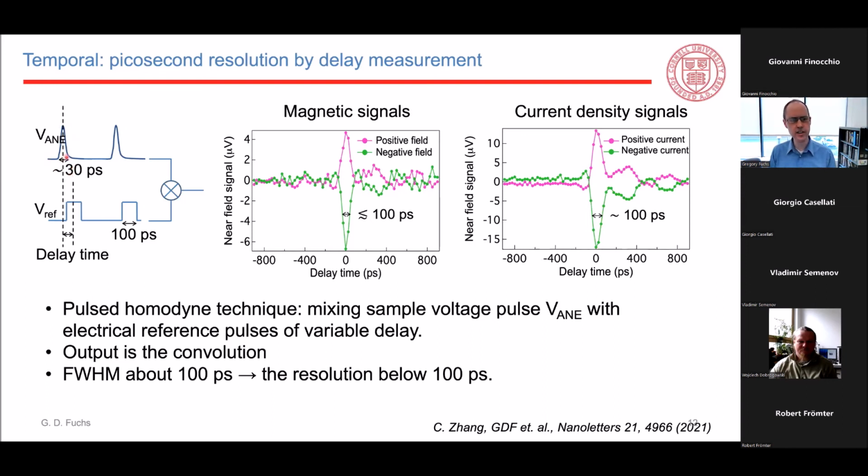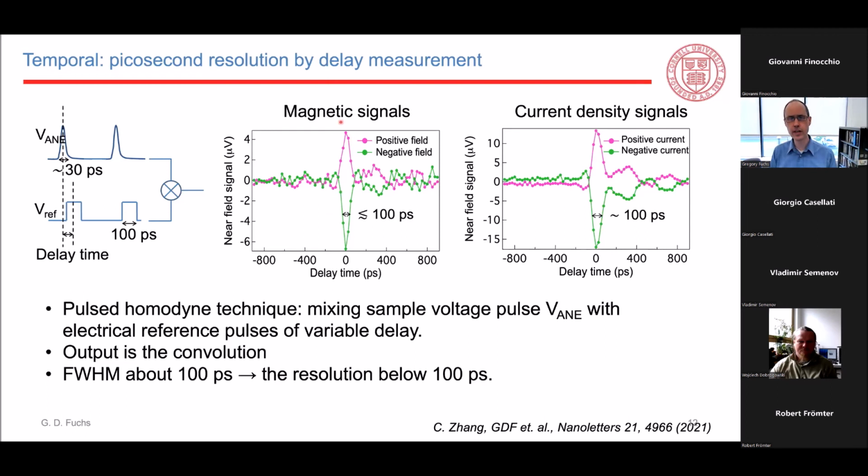And then we can try to measure that by electrically mixing the signal that is coming from the sample with a reference voltage that we have in a signal generator. The signal generator can produce pulses that are about 100 picoseconds wide, and then we can scan their relative delay, and we combine these two signals on a mixer and amplify the result. And we find that what we're really measuring here is the convolution of these two pulses.